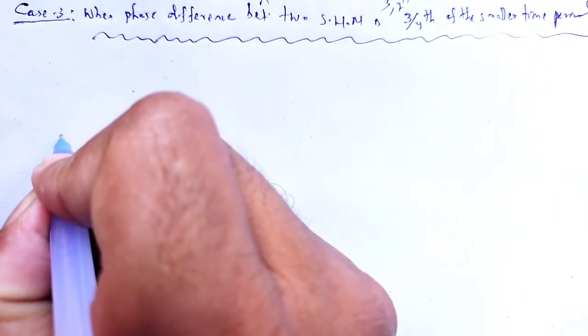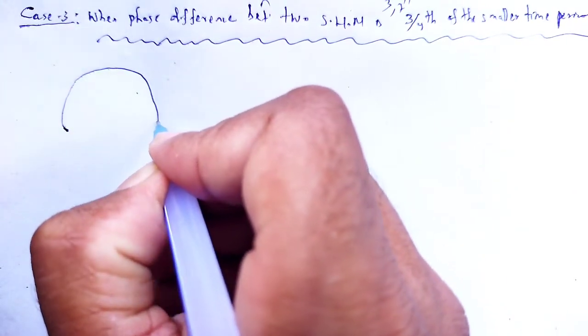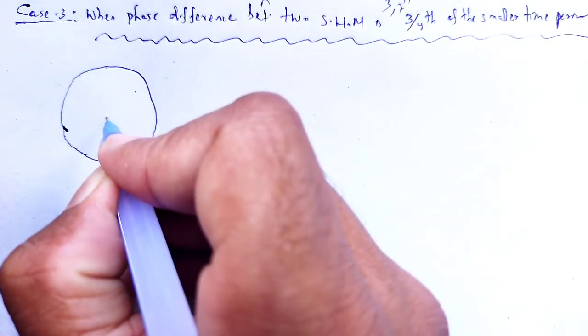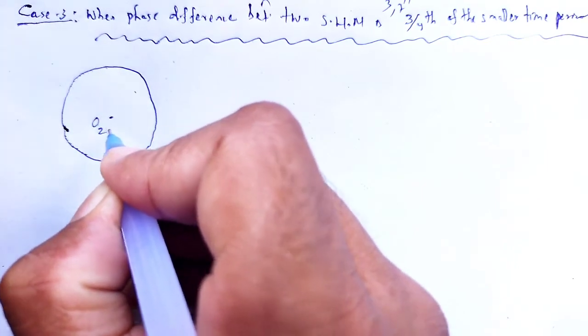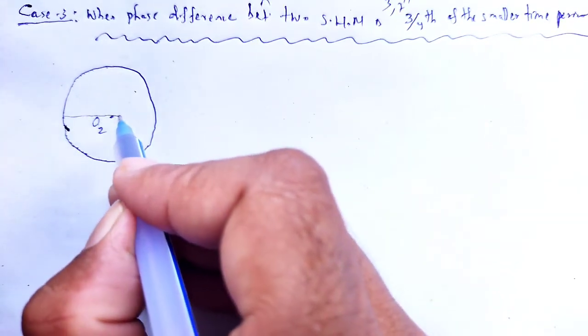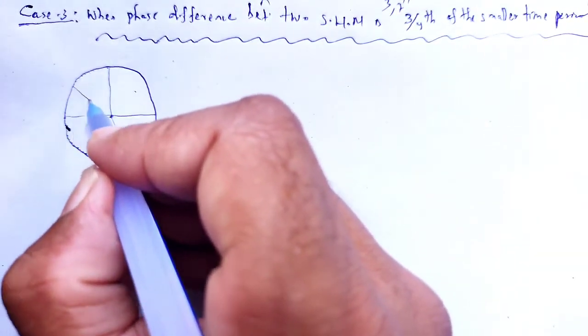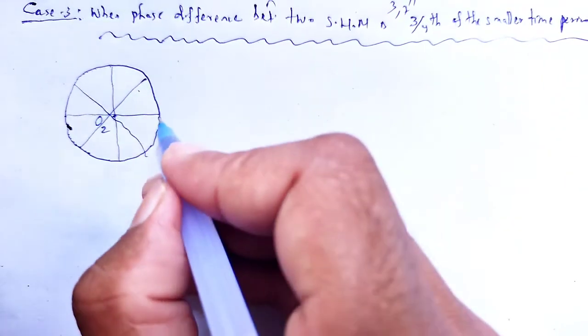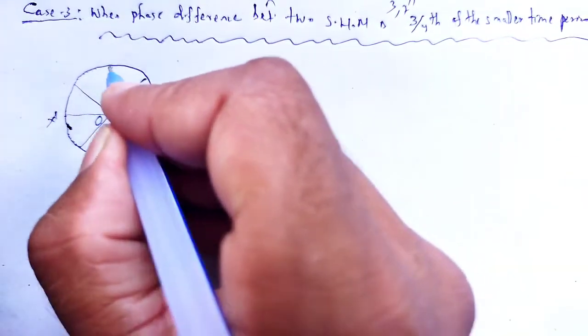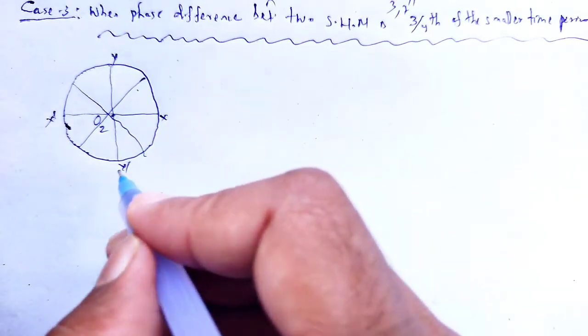Again, take that circle O2, divided into 8 similar parts, with x dash, y dash.